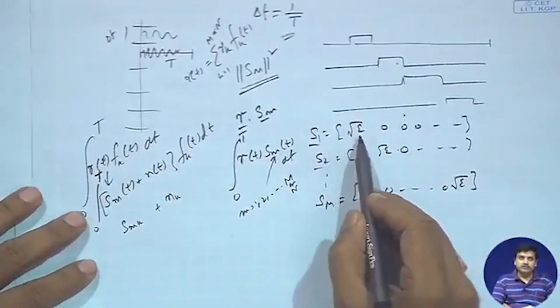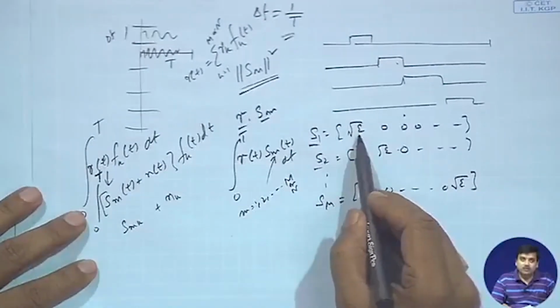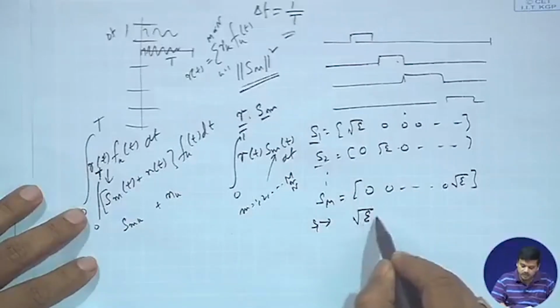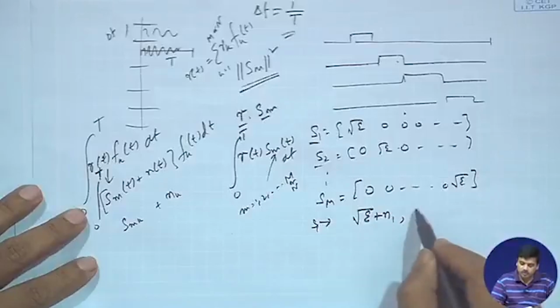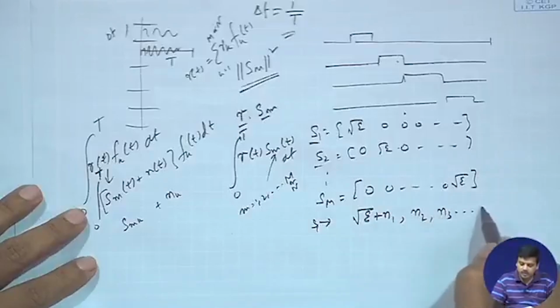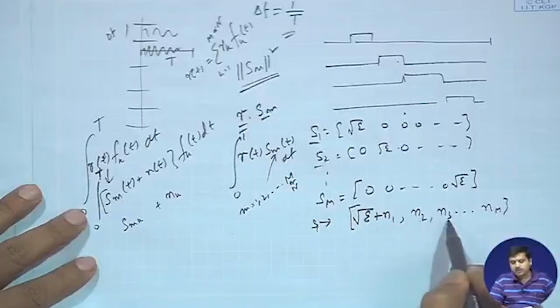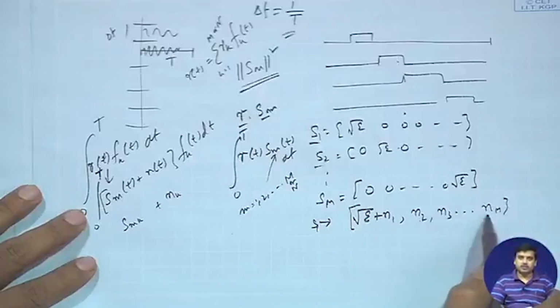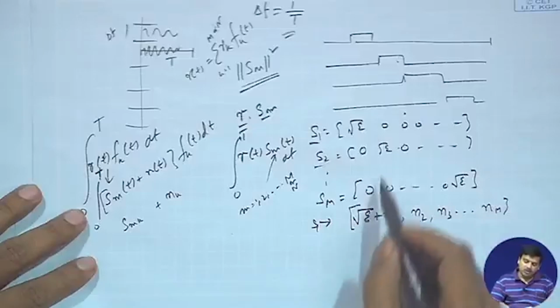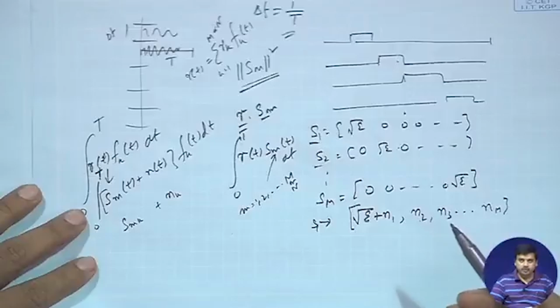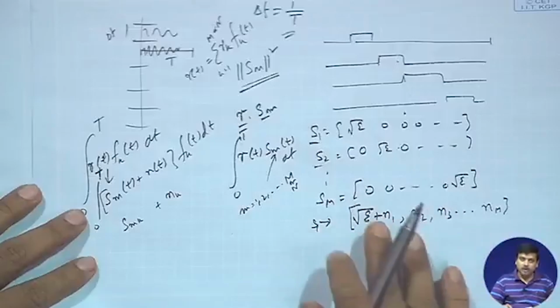It can also be understood based on this, because if S1 is sent, what you receive is root E plus N1 at the output, N2, N3 up to Nm. This is what we have said. So, now probability of this being greater than this is similar to the probability of this being greater than this, and so on and so forth. So, what it means is that all these signals are equidistant from each other, right, and because of equiprobability we have this situation. Now, why are we discussing this?